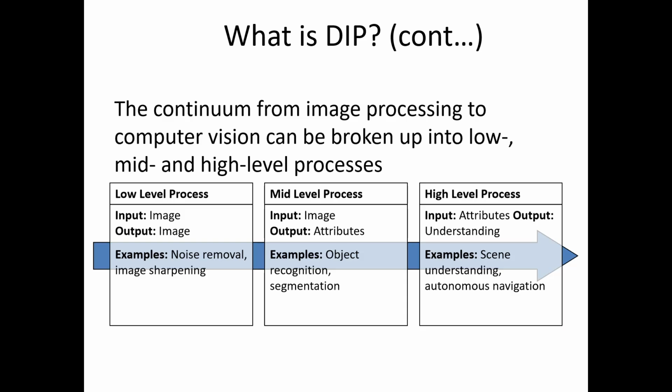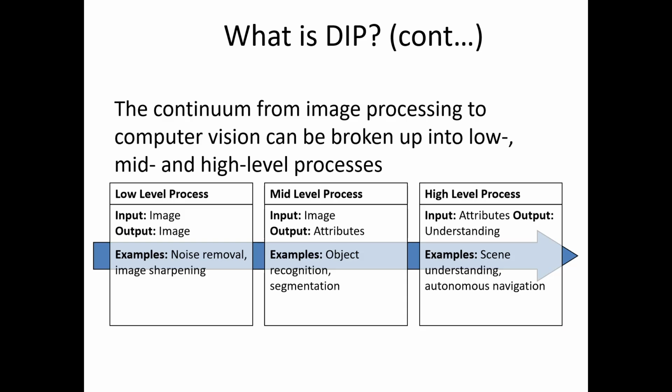The continuum from image processing to computer vision can be broken up into low-level, mid-level and high-level processing. Low-level processing means you give an image as input and you also get an image as output, for example noise removal and image sharpening.